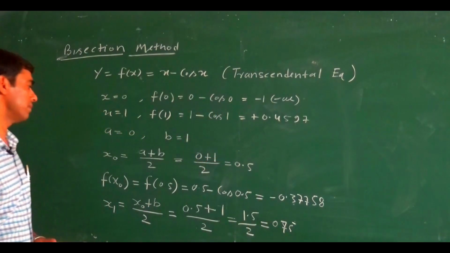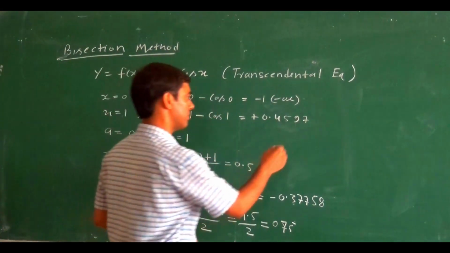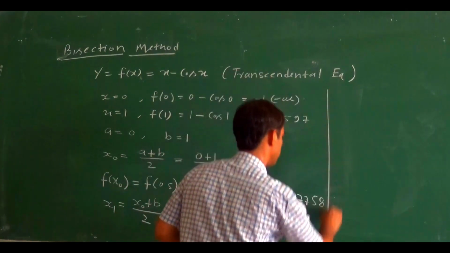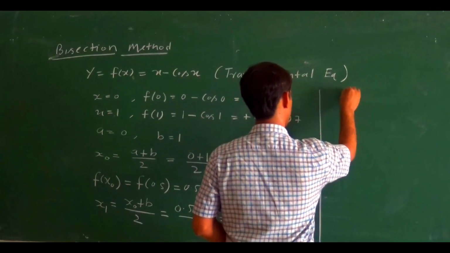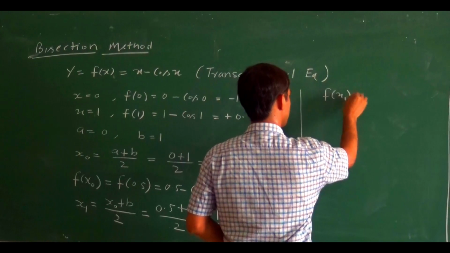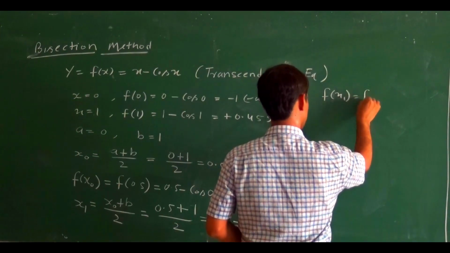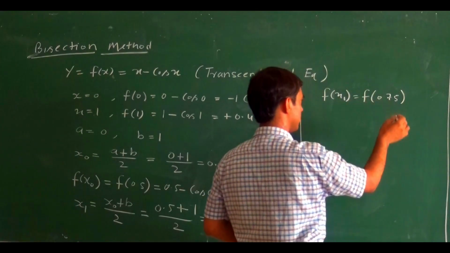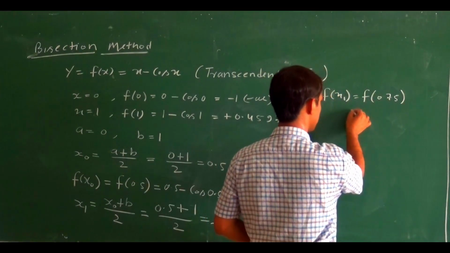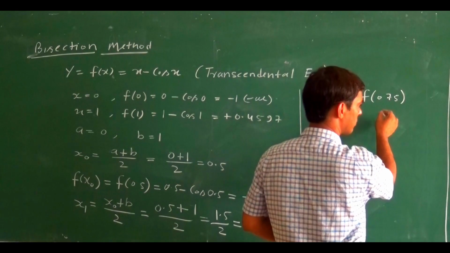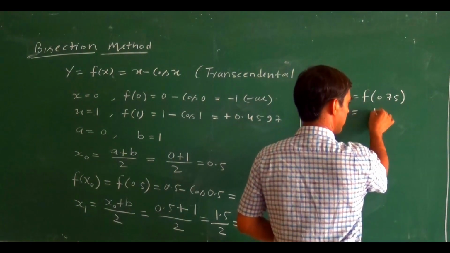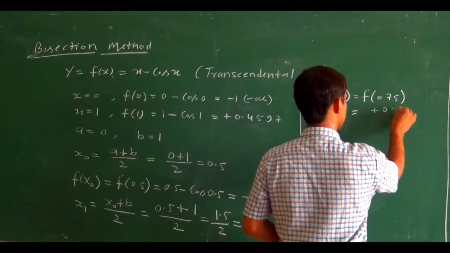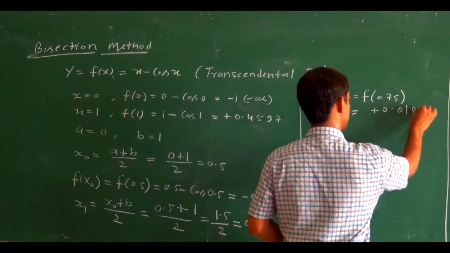In the next iteration we find f of x1, that is f of 0.75. We already calculated this value: it is plus 0.01831.